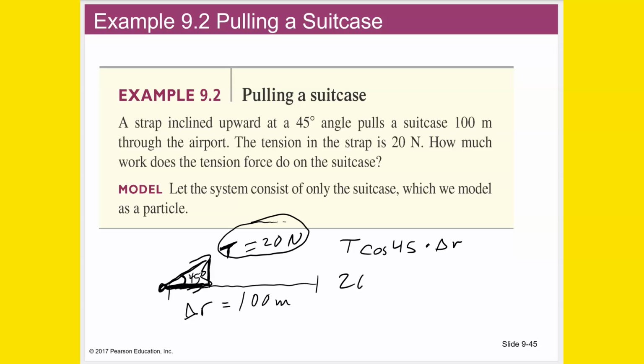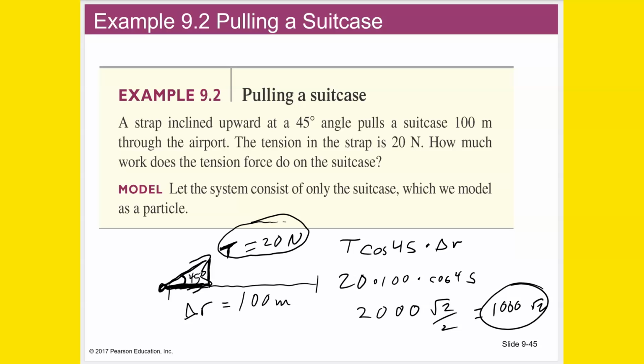So this is 20 times 100 times cosine 45. So that's going to be 2,000 times root 2 over 2, which is 1,000 root 2. And root 2 is 1.41.